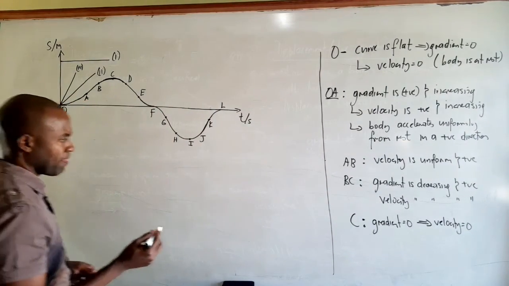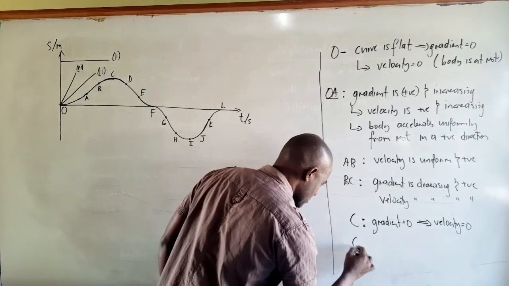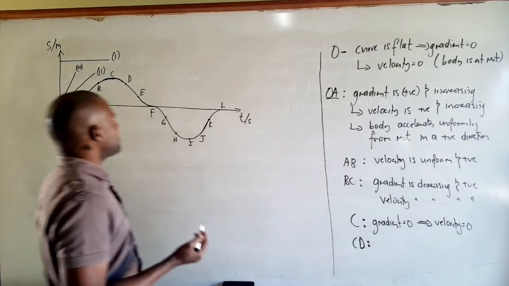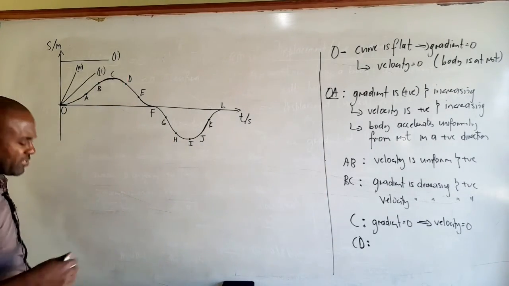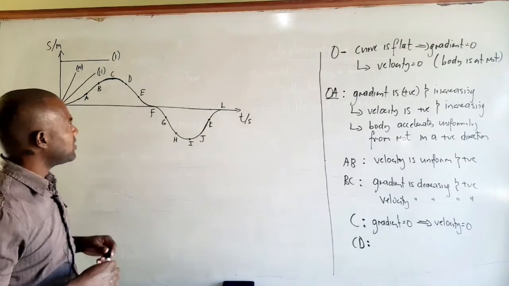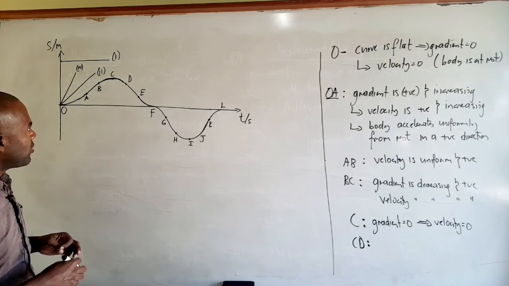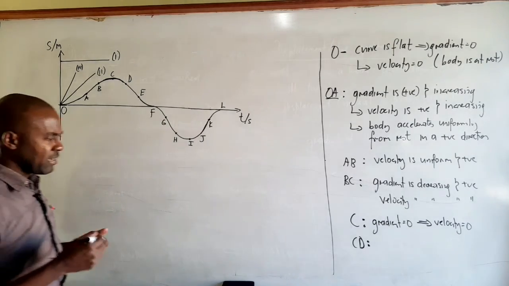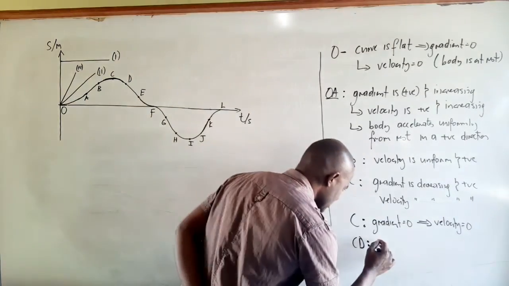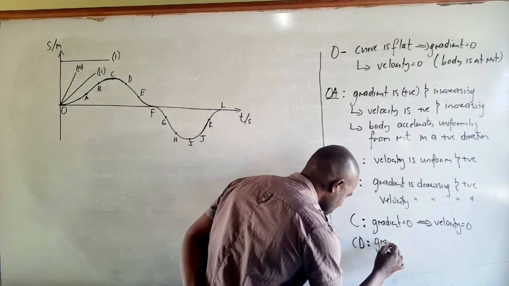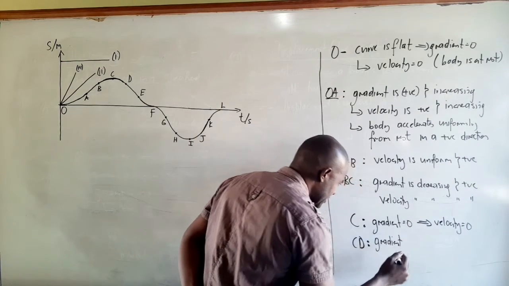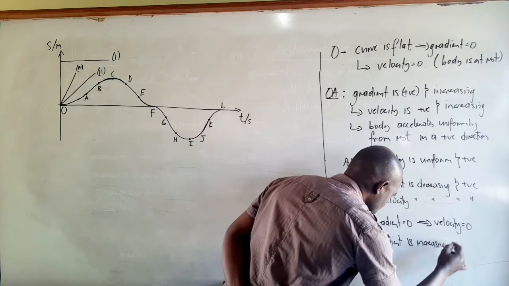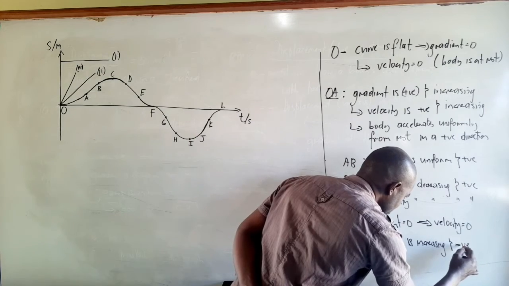So CD. So at C, the gradient is equal to 0. We say that the velocity is equal to 0 and the body is momentarily at rest, right? Now CD, the graph once again begins to curve, right? So that means that the gradient is increasing and negative.